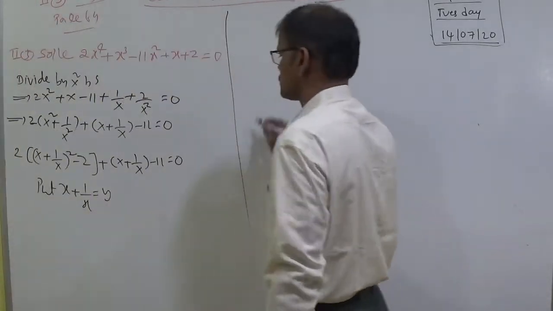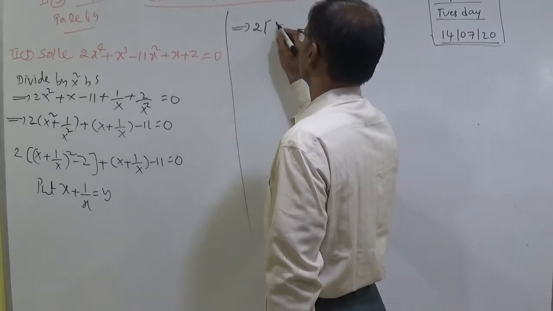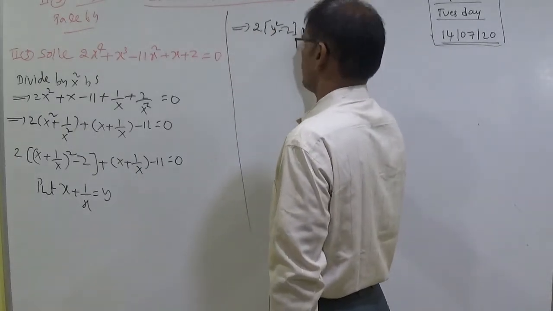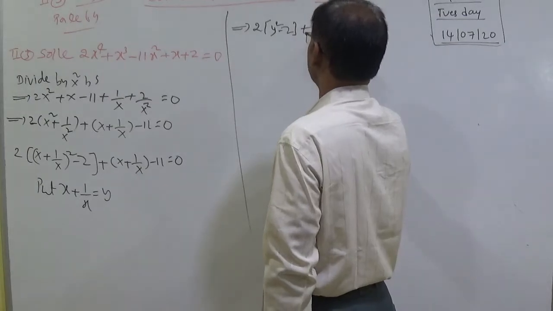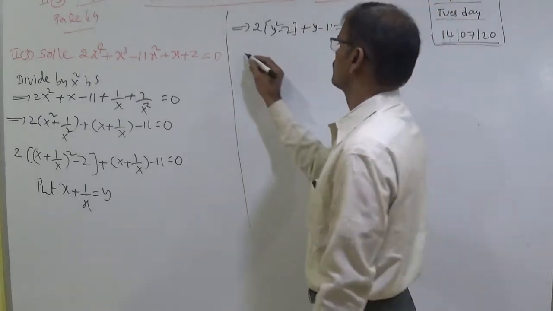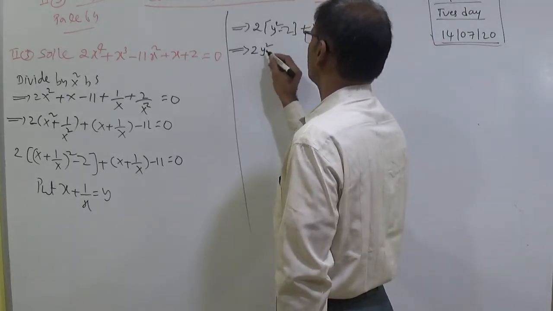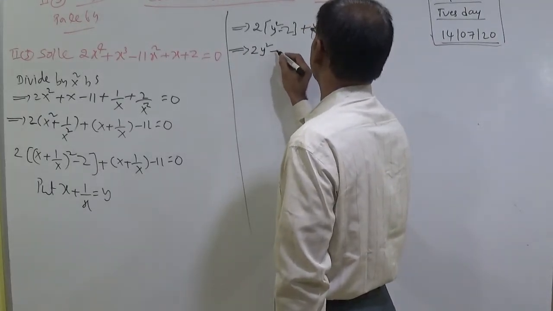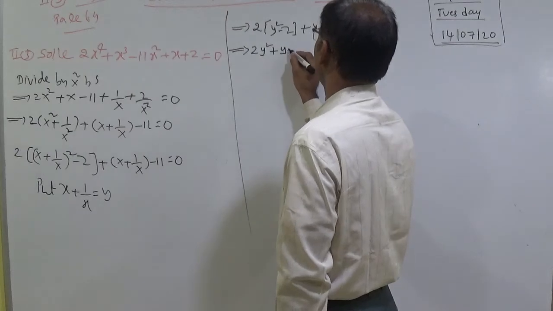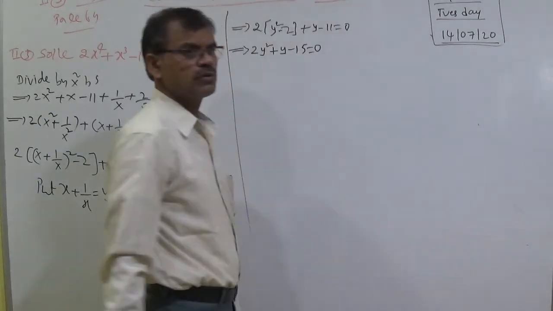That implies this becomes 2 into y square minus 2, plus y minus 11 equal to 0. By multiplication we can write 2y square plus y minus 15 equal to 0.